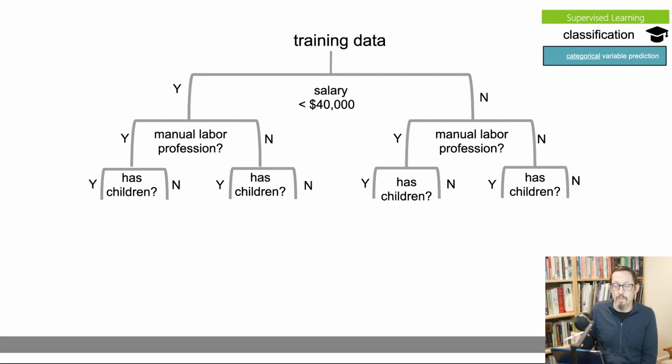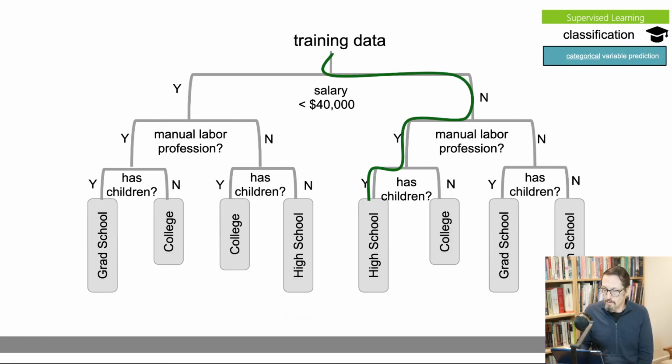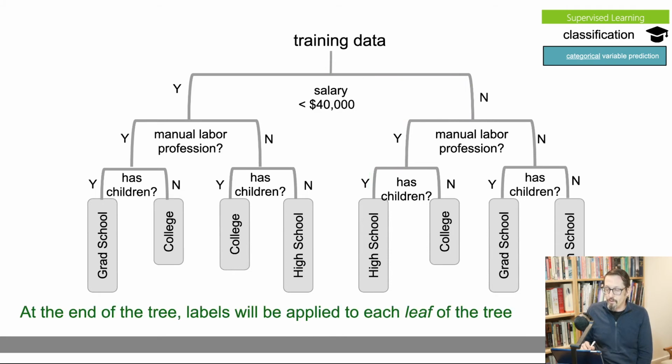So maybe the next one is children, the next branch down. Oops, I went too far. So finally, when we get to the end of the tree, labels will be applied to the leaves, okay?